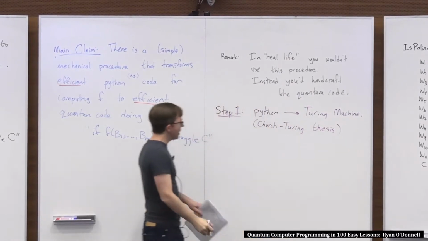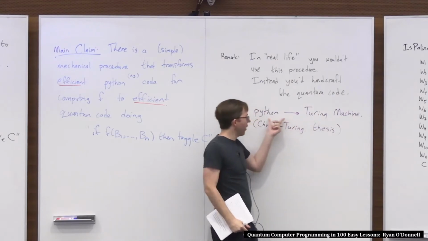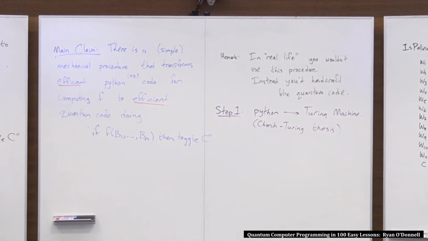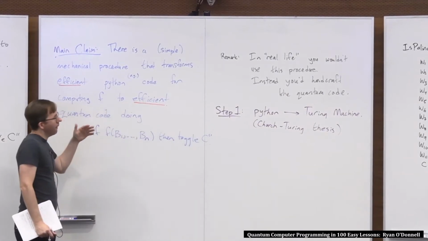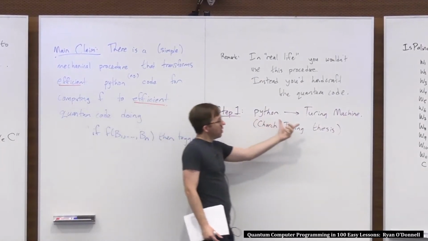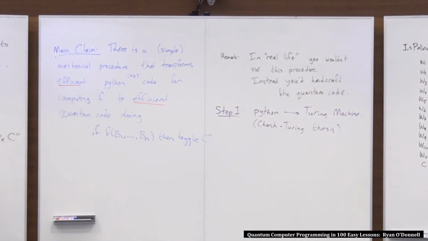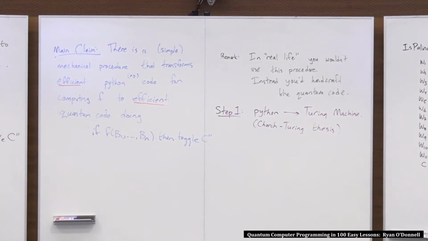And if you don't, it basically says a Turing machine is an extremely simple programming language. Python is a very complicated programming language, or Java is a very complicated programming language. But you saw hopefully in a previous class that you can always convert such code to this very simple programming language called Turing machine, which is nice and simple, and it also converts pretty efficient code in any language to efficient Turing machine code.